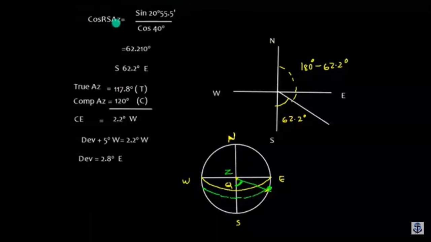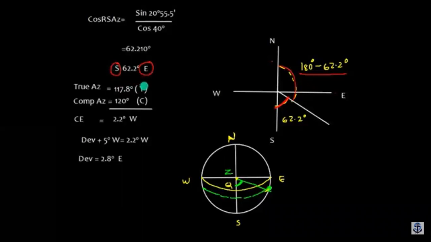Now we put it in the formula: cos rising/setting azimuth is equal to sine declination upon cos latitude, and then naming by the cardinal system. Declination is south and rising east, so southeast. Through azimuth we convert: south east is this angle, 62.2, so 180 minus 62.2 for cardinal notation is 117.8 degrees true.